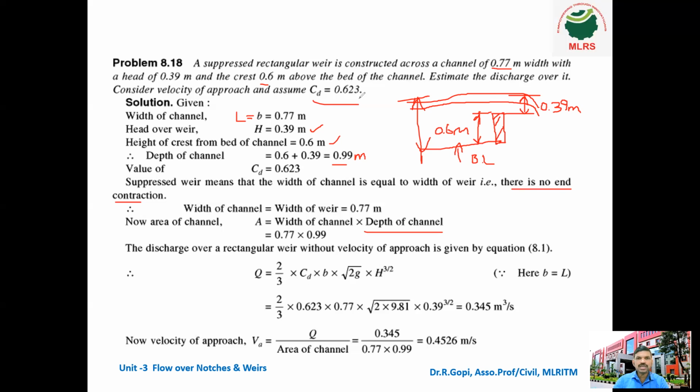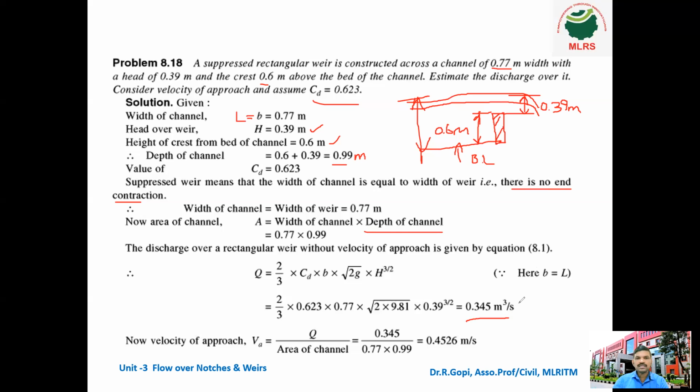CD is 0.623. It is given in the question. So root 2 into 9.81. And head of the water. What is head of the water here? 0.39 meter. So finally we got, that means before velocity of approach, it is 0.345 meter cube per second.